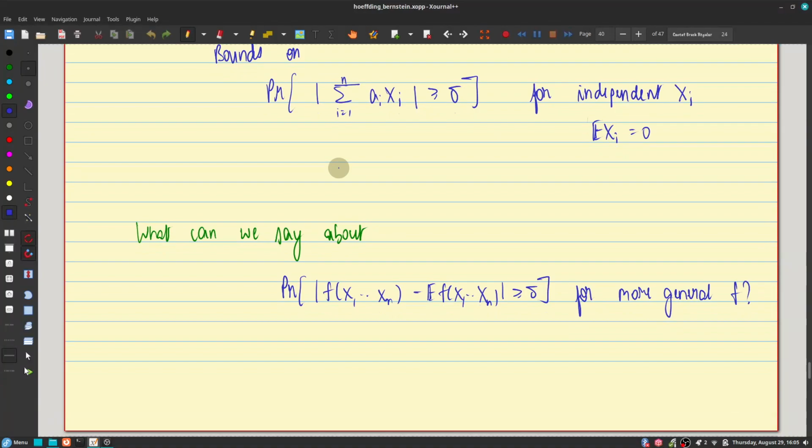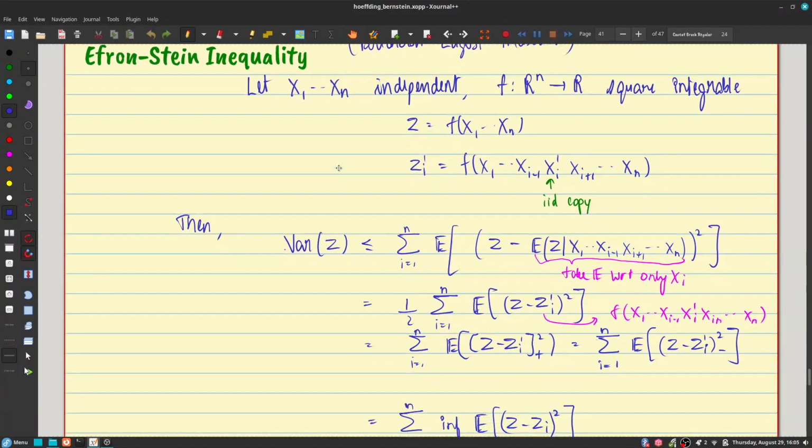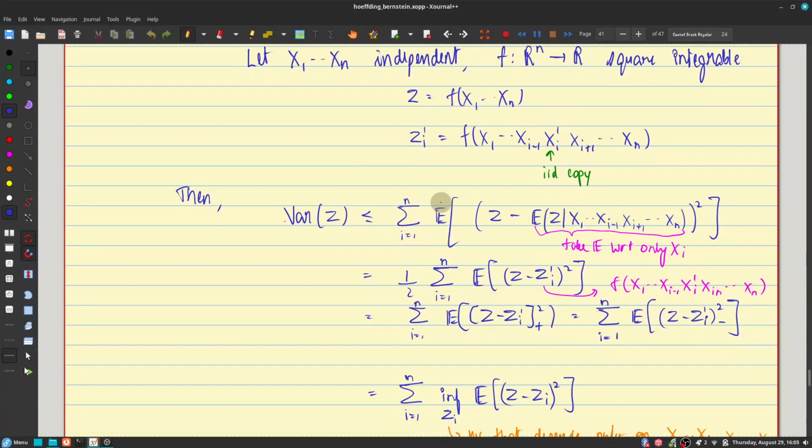So the first step essentially in this approach is using the Efron-Stein inequality, which doesn't really give us exponential tail bounds. All it tells us is that the variance of any function of n random variables is upper bounded by this.